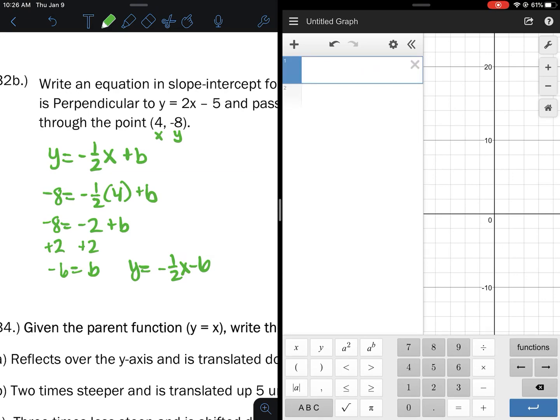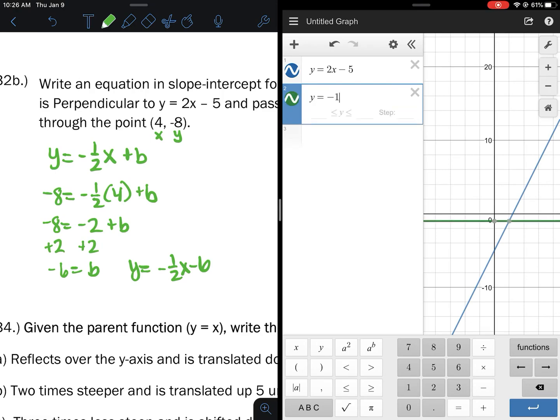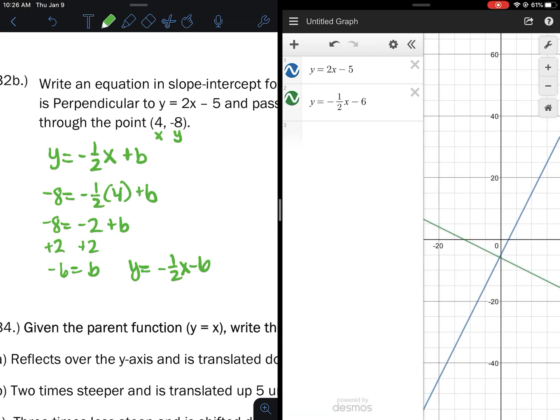Okay. So the way you can check it is if you graph the original line, 2x minus 5, and then you graph your new line, y equals negative 1/2 x minus 6. Okay, they definitely look like they're intersecting at a right angle.